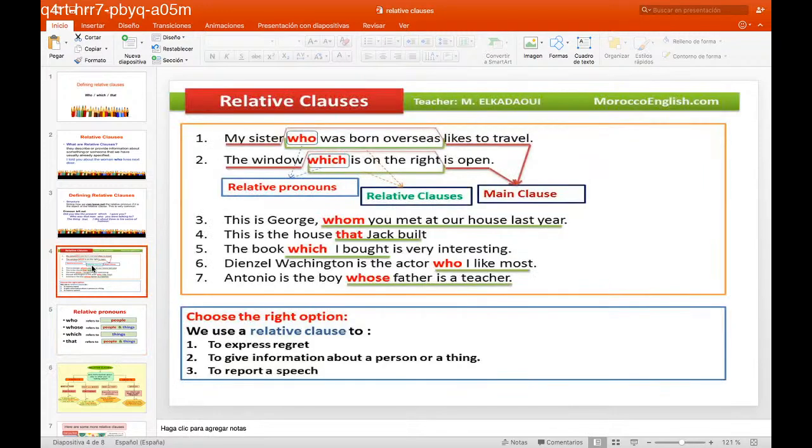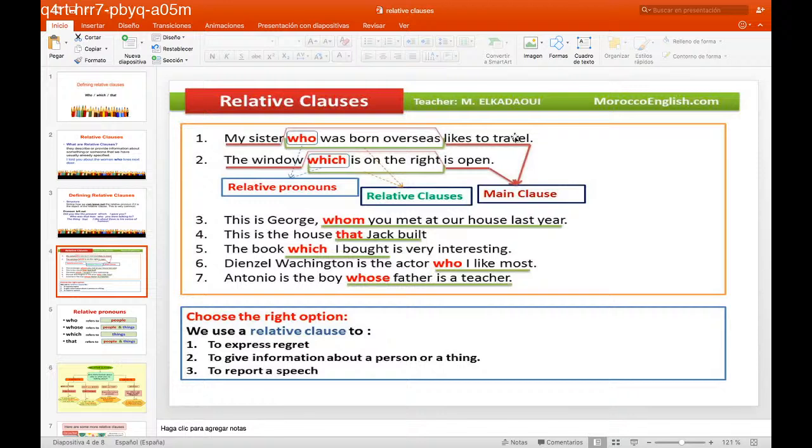And over here we can see some examples. My sister, who was born overseas, likes to travel. That means we have two sentences, my sister was born overseas and my sister likes to travel, but we join them in one.